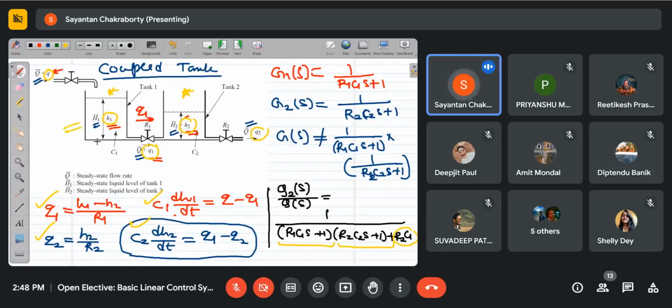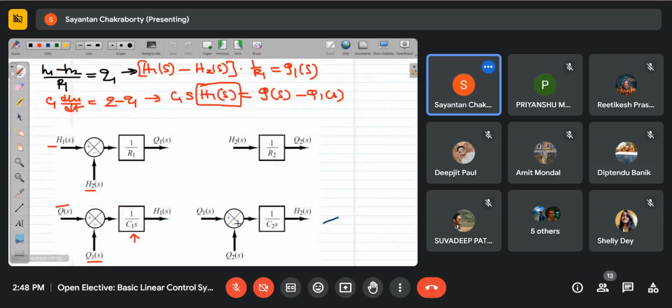That is the dynamic equation for height, and the dynamic equation for height in tank 2, with C2 the capacity of the tank, is C2 dH2/dt, the rate of change of height in terms of deviation variable, equal to Q1, the water coming into the tank, minus the water coming out of the tank. So now if you consider this set of 4 equations and transform them into Laplace domain, I get this sort of equations.